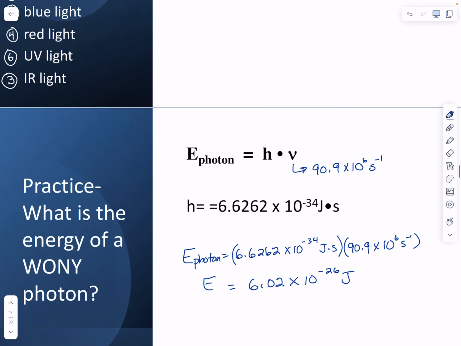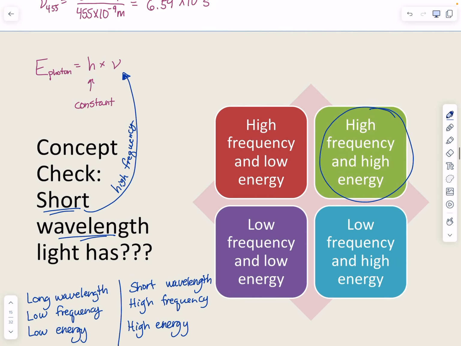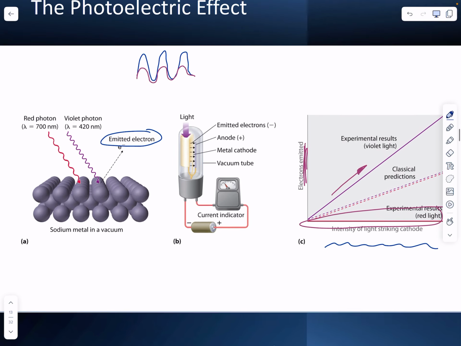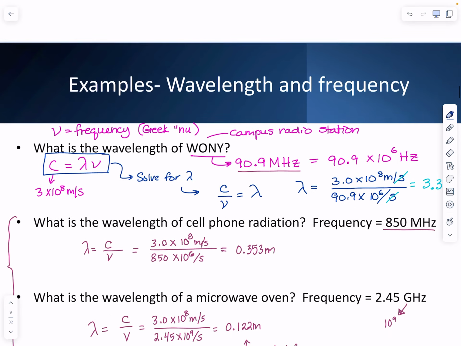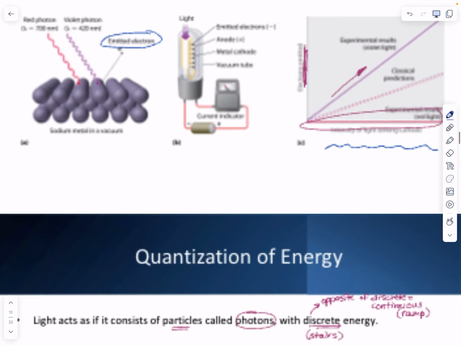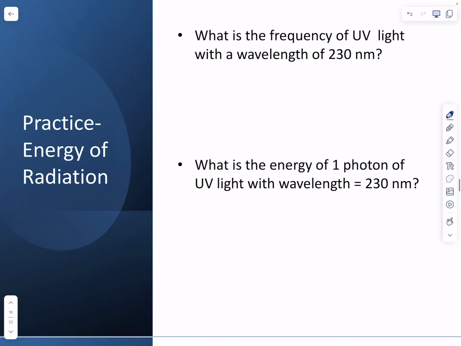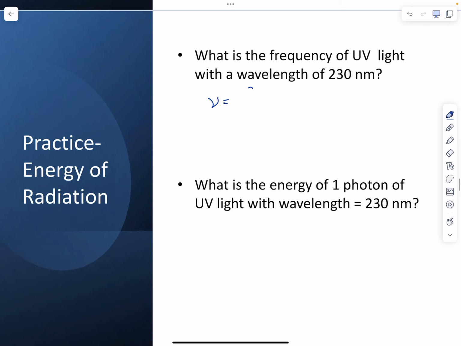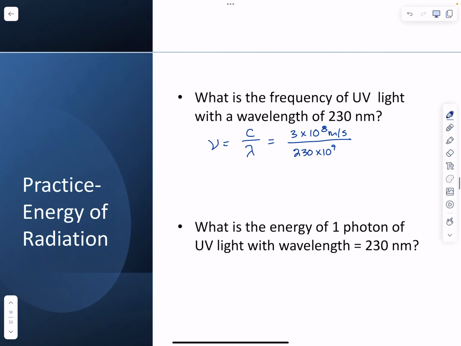We are going to be using the relationships we've used here to figure out what our frequency is. Our frequency is the speed of light divided by the wavelength, 3 times 10 to the 8th meters per second, divided by 230 times 10 to the minus 9th meters.